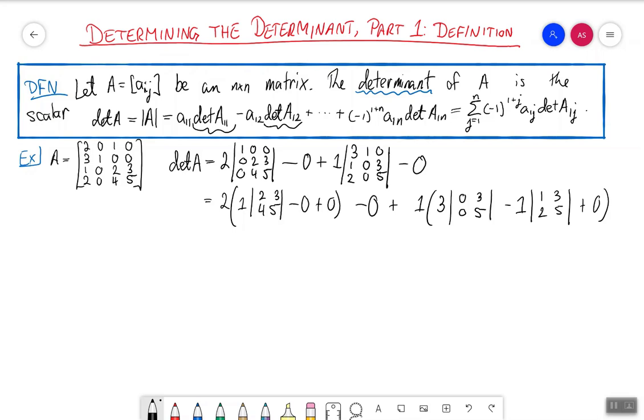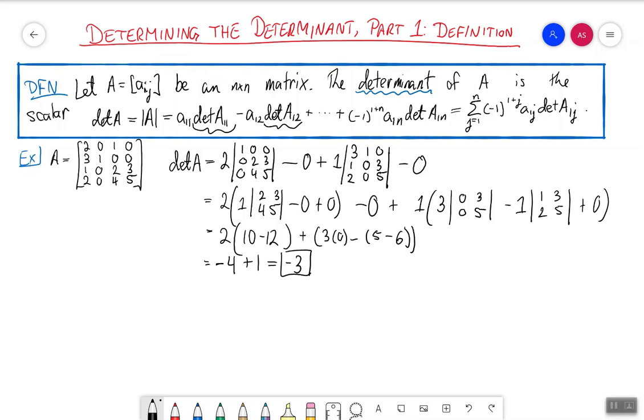We know how to compute these 2 by 2 determinants from what we've learned in a previous lesson. This is 2 times, let's see, 10 minus 12, plus 3 times 0, minus 1 times 5 minus 6, which is going to be negative 4 plus 1, which is negative 3.